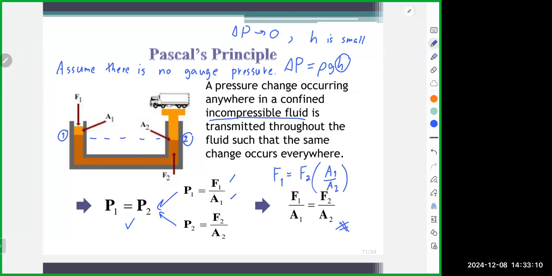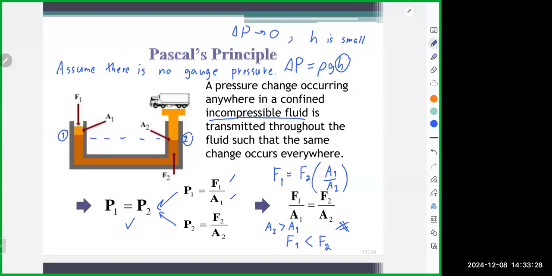If A2 is larger than A1, you will get F1 less than F2.